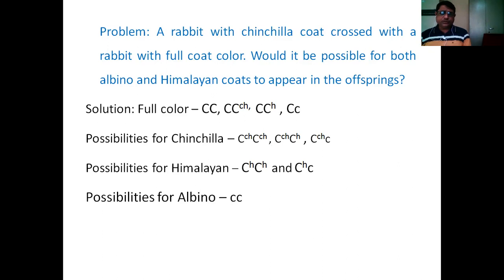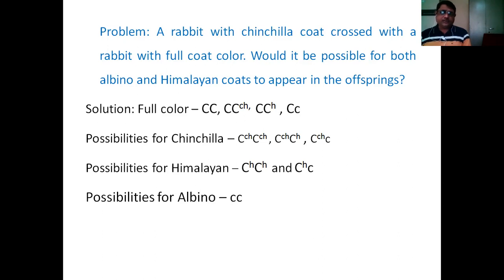So this first genotype, that is CC, will not produce any albino or Himalaya type. Either CCH or Cc, these are the two genotypes which can produce individuals with albino or Himalaya. Similarly, in case of chinchilla, CCH and c will be responsible for production of albino type of offspring.